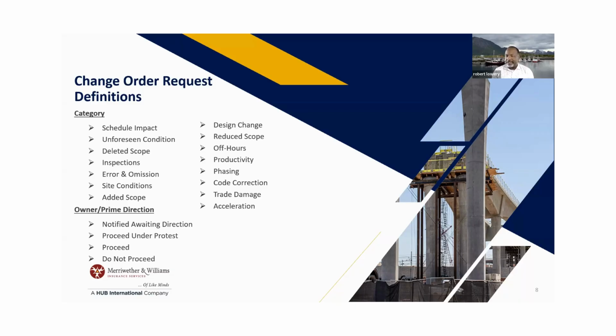Or there could be a contingency set aside to cover some of these. So the GC might have some contingency for this project, and they were probably trying to go back to the owner for more. And the owner says, no, I'm not going to pay for this. You already have a contingency built in your contract. So there was some reason why the owner would not pay it because of that.